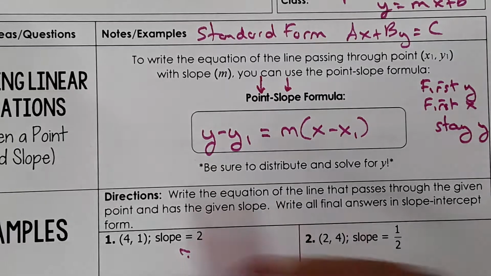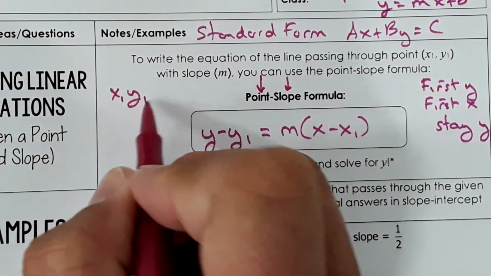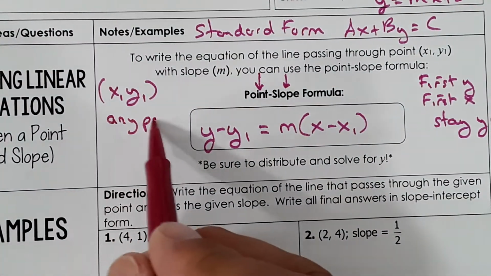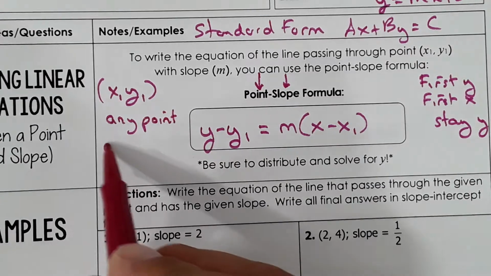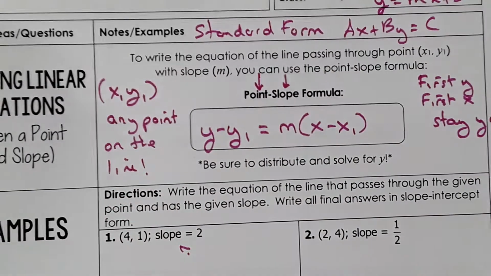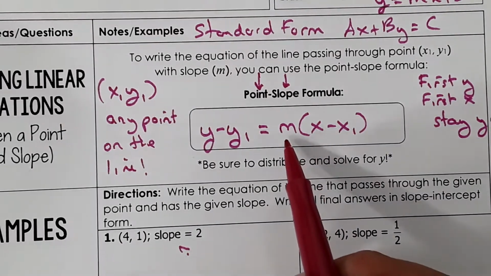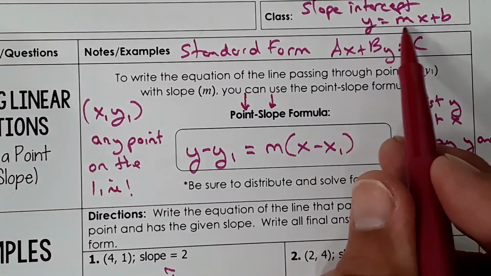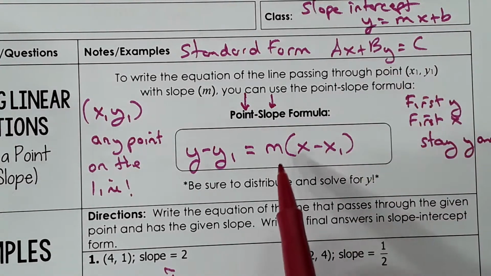Okay? x1 and y1 represent any point on the line. M, same as before, it's the slope. Just like in slope-intercept form, m represents the slope, m represents the slope here.